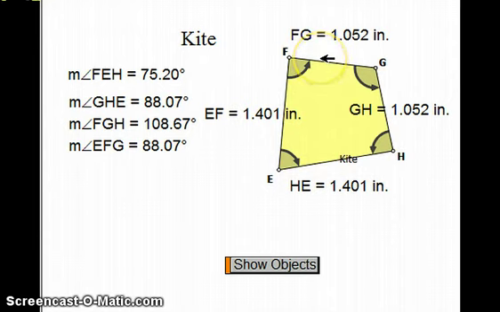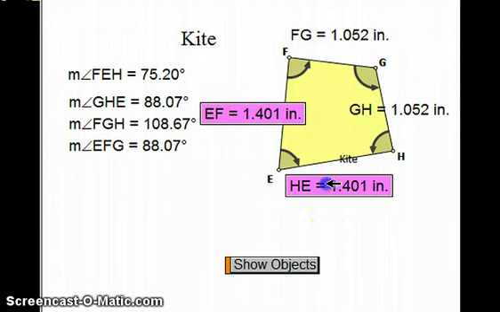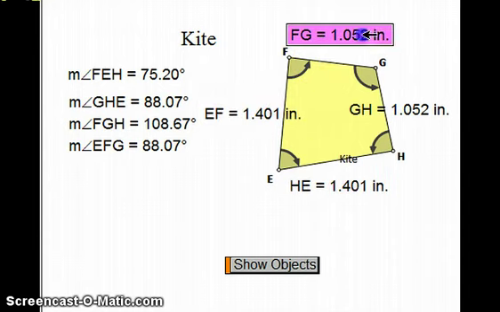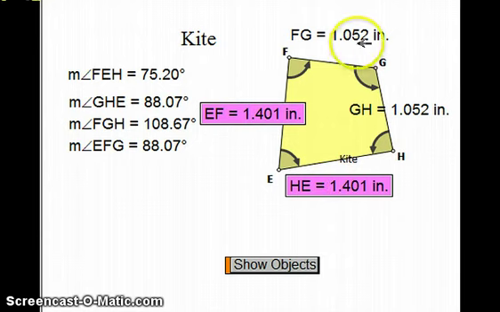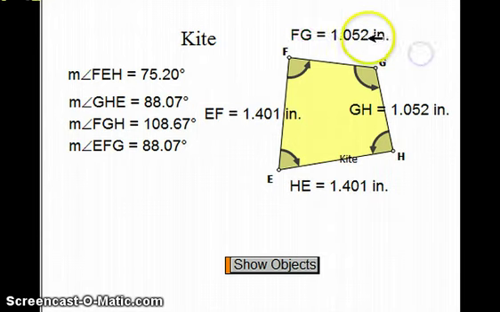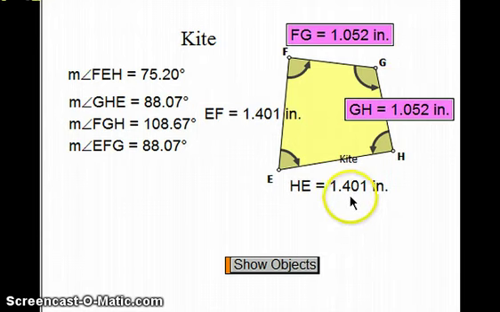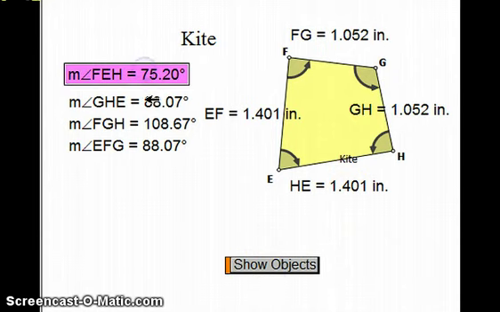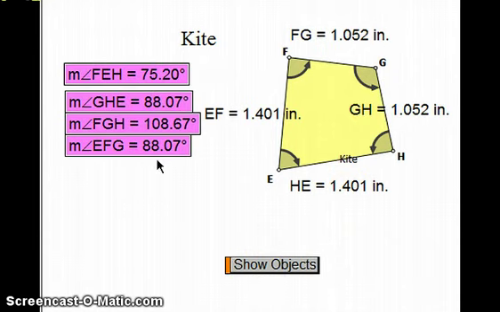By definition, a kite is a quadrilateral that has two pairs of congruent sides, but instead of the congruent sides being opposite, the congruent sides are adjacent. Let's take a look at the angles. A kite has only one pair of congruent angles.